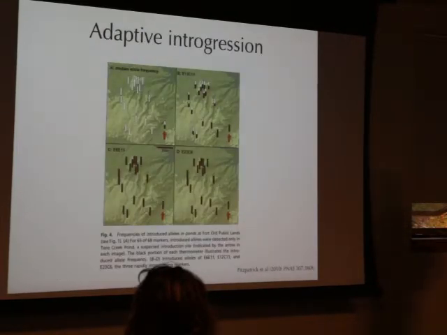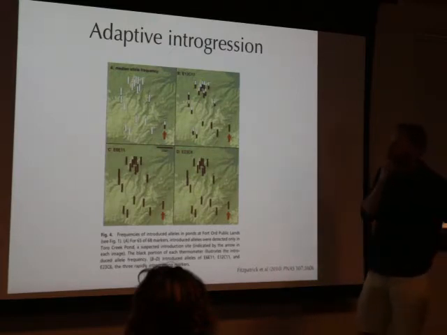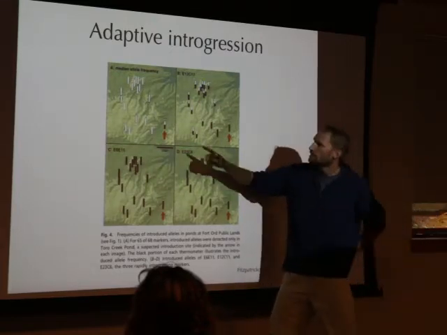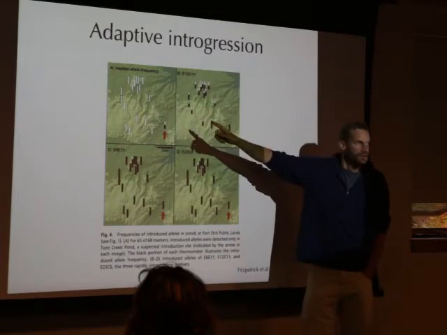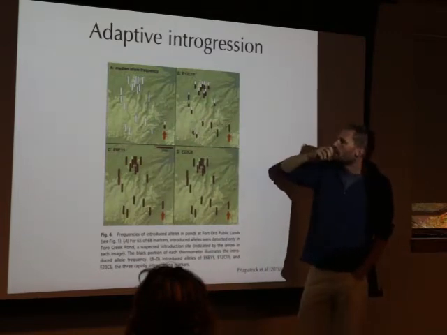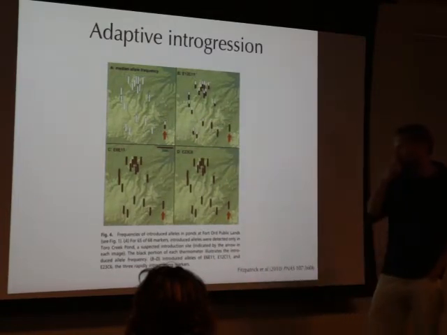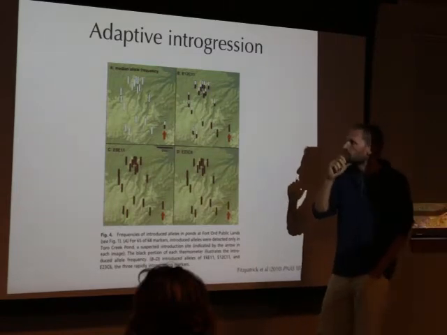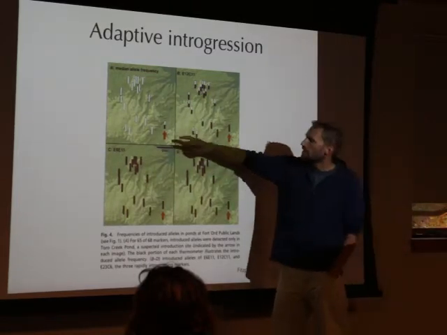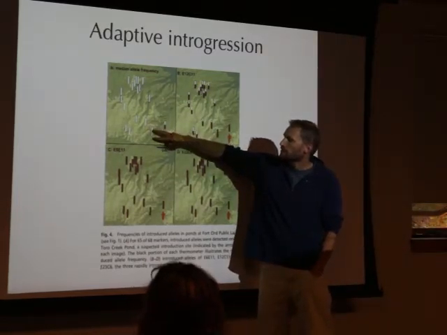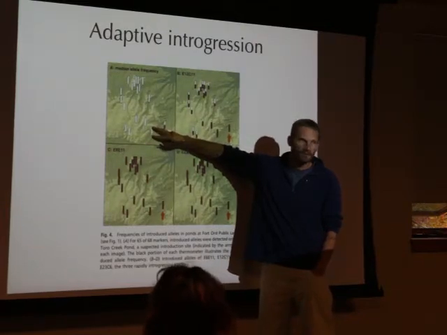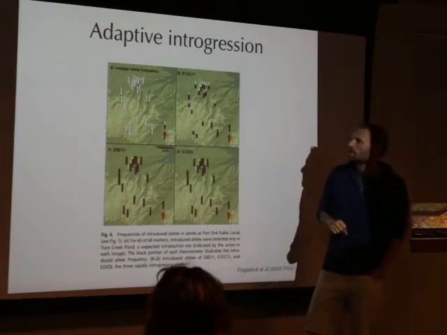So this is just that same data set. So each of these little bars is a population. And showing different allele frequencies. The white is the native species, and the black is the introduced species.